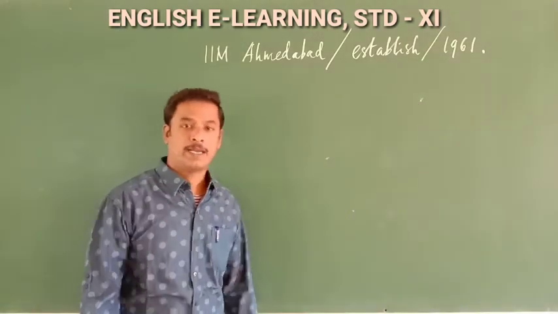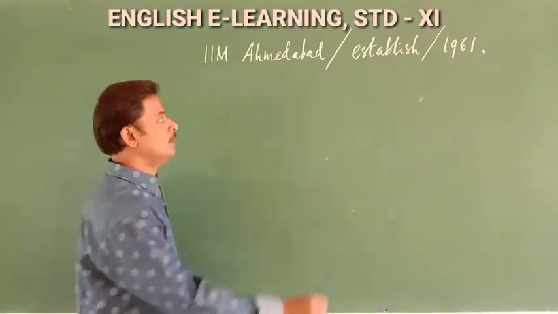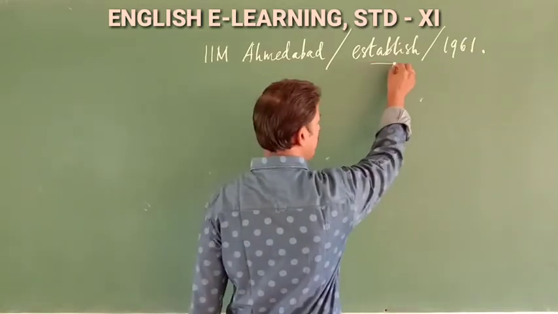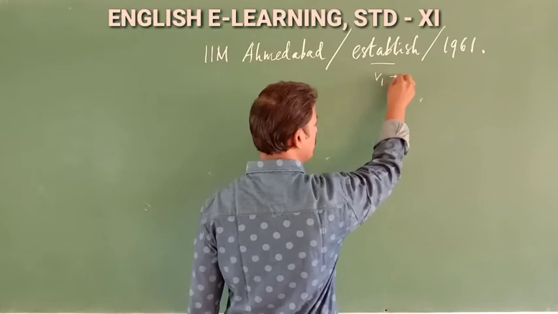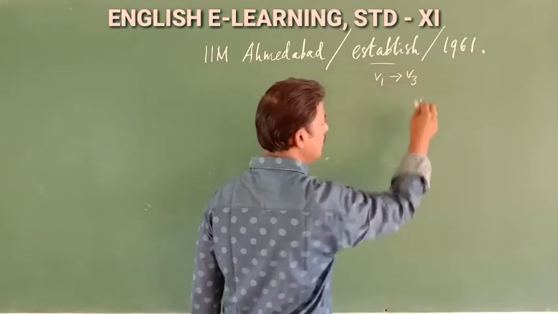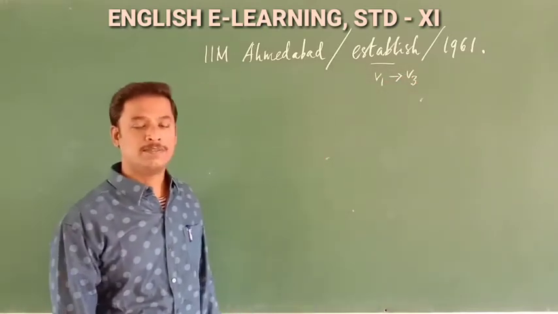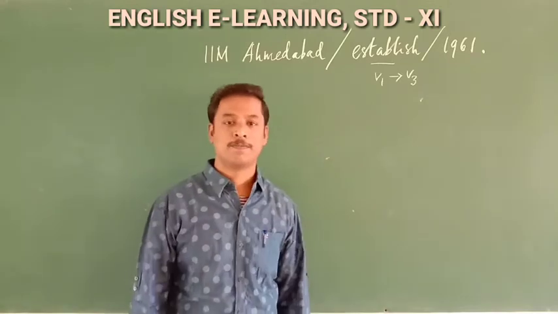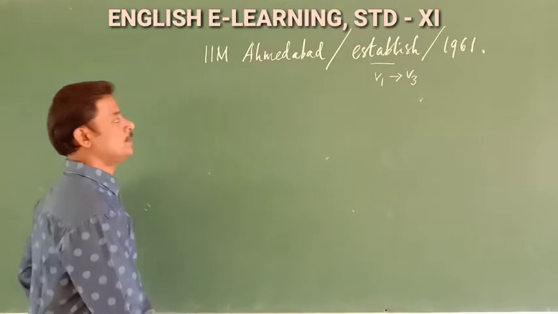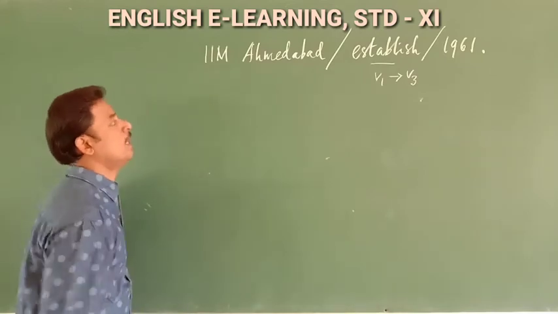Right. Again, we are going to change this final verb, that is base form, into verb 3. Okay, and then if necessary we must add some article or preposition there. Right. So look at the sentence.